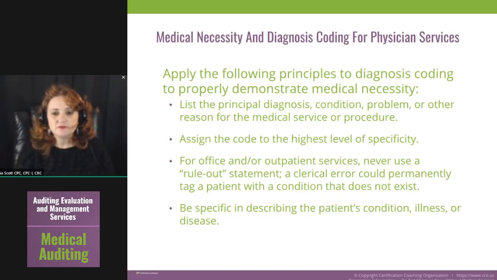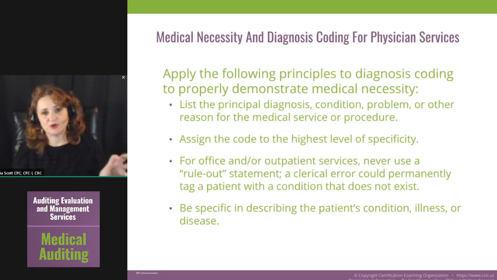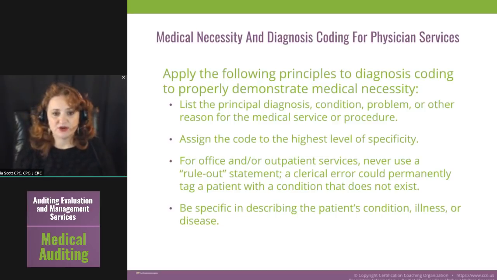And so when you are looking at things like rule out, the provider can write rule out diabetes, but what's the diagnosis? Why is he ruling out diabetes? Because we have elevated blood sugars and these signs and symptoms. So in the outpatient world, that's what we're going to actually code for.